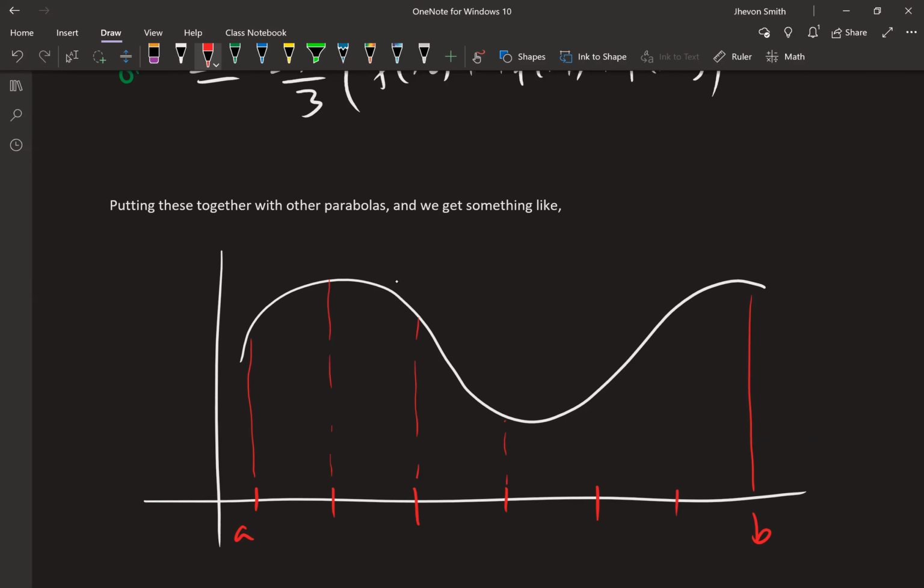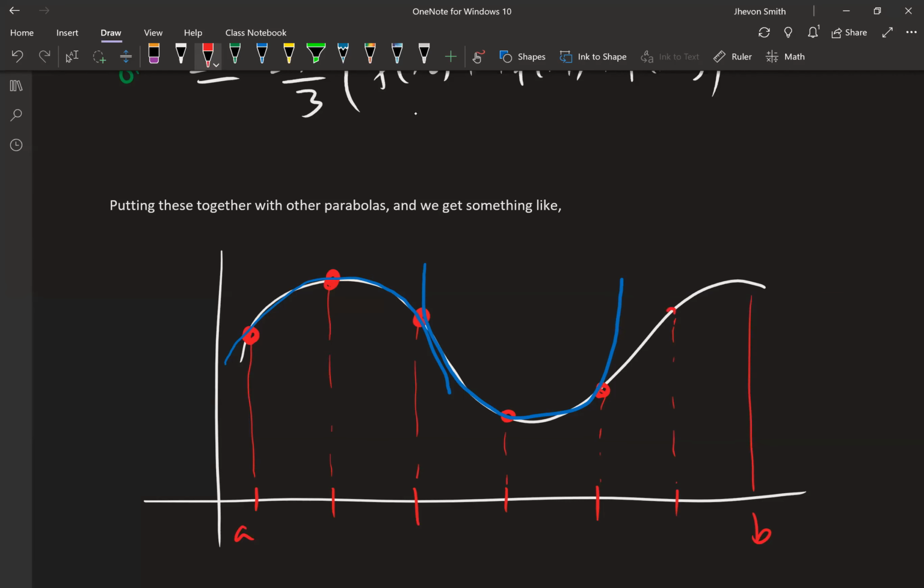Now notice that we're going to need 3 points to define a parabola. So there's going to be like 1, 2, 3, and then the parabola would go through those 3 points. Then define 1, 2, 3, and then there's going to be a second parabola going through those 3 points.